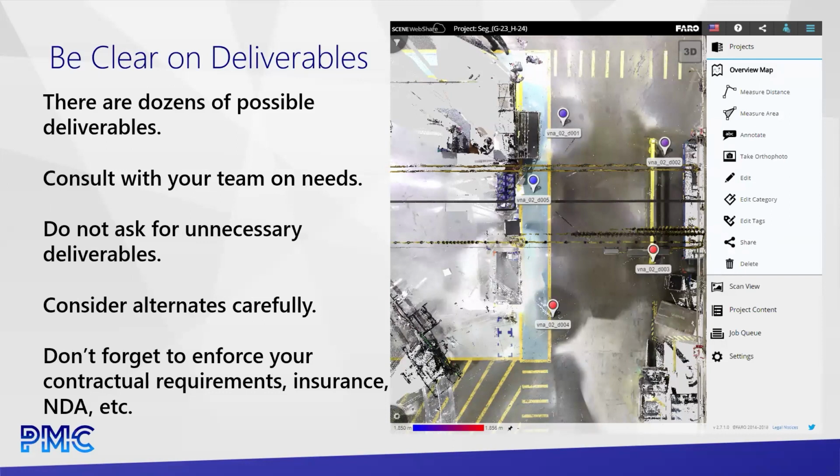Deliverables, right? What do you need? Again, this goes back to that question, right? What is your project? What is it that you need to achieve with the data that we're going to give you? How is it going to get shared? Things like that.